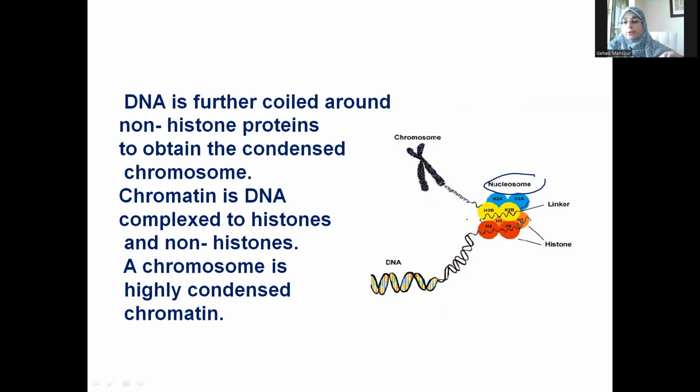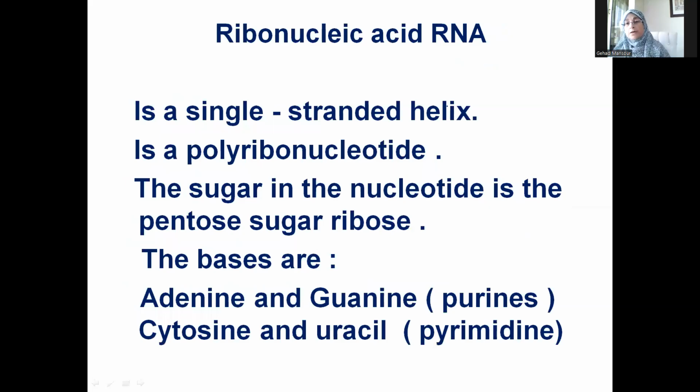We should separate the 2 strands. So you have to first uncoil, and then you have to separate the strands. And when you separate the strands, you expose the bases. So you uncoil, you separate, you expose.